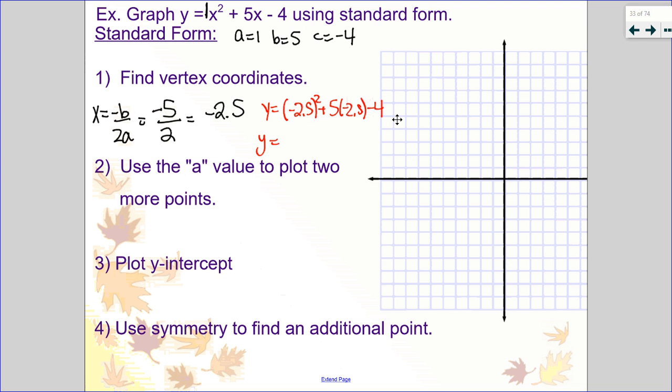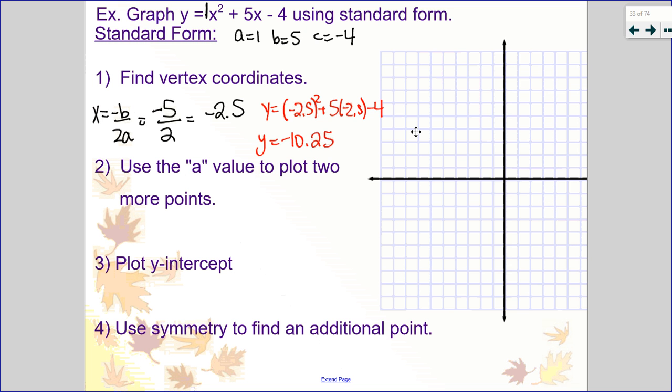That's -10.25. Just make sure that -2.5 is in parentheses.